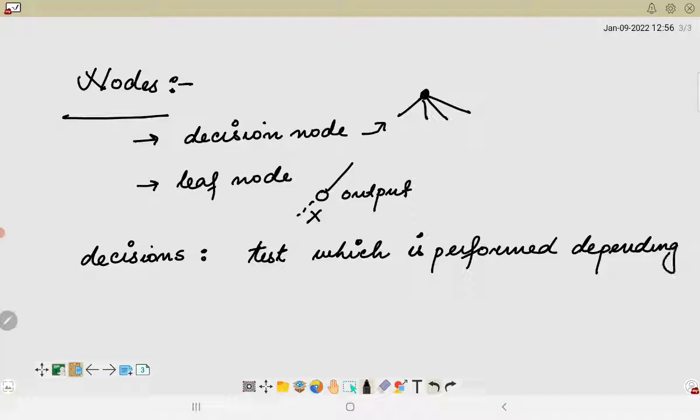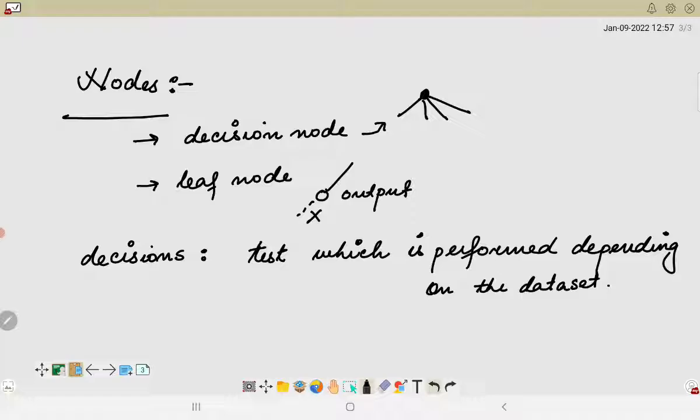So we will have certain features or certain attributes based on which we will be taking certain decisions, and based on those decisions, based on those analyses, we will be generating the output. So decisions are nothing but the tests which are performed depending on the data set, not of the data set. This would be on the data set.